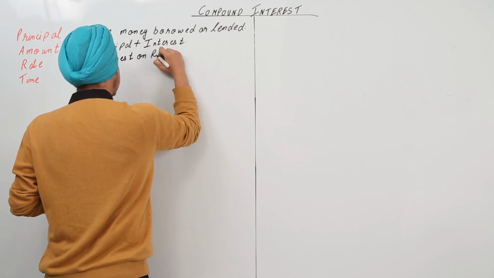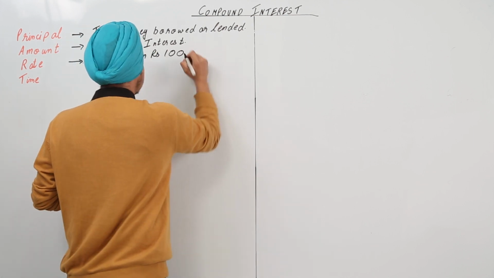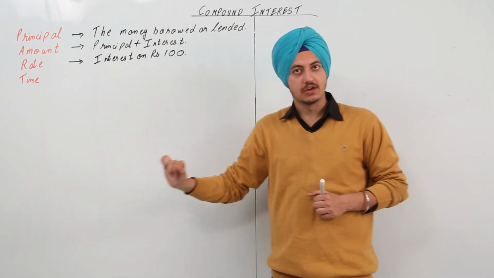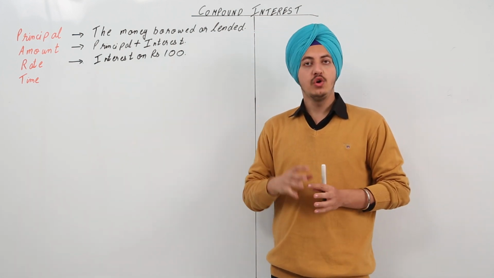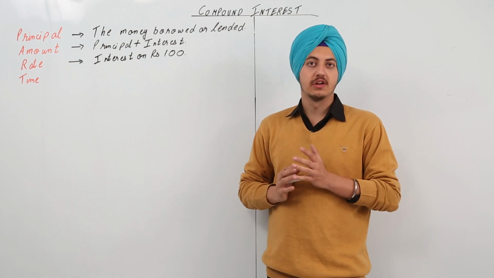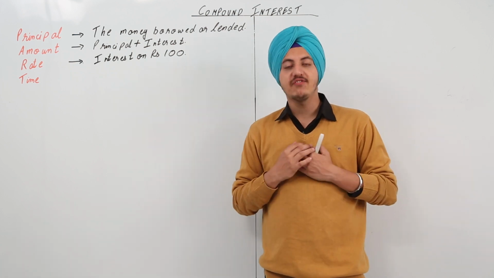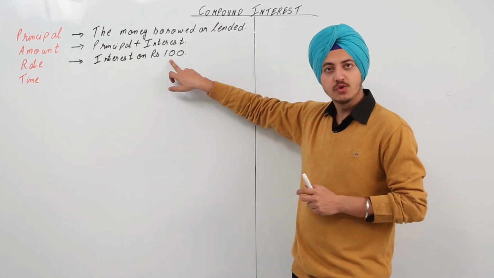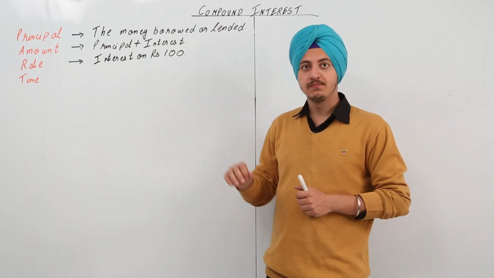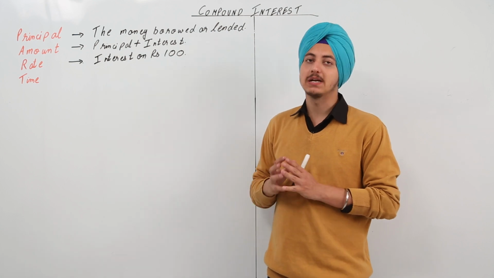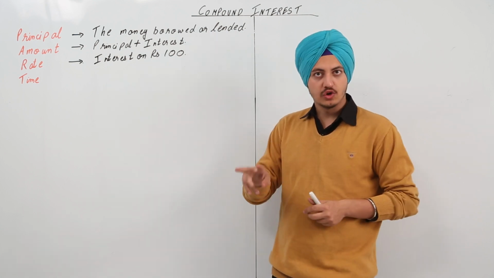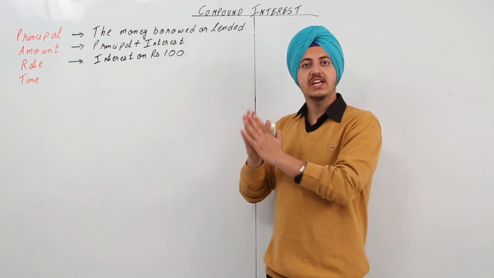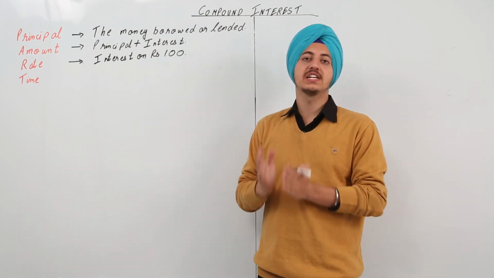Now let's say that the rate of interest is 8%, and I borrow rupees 200. Then the total money that I have to pay to the money lender is, on 100 rupees, 8 rupees. That means 8% is 8 rupees. So on 200 rupees, it is equal to 8 into 2, that is equal to 16 rupees.